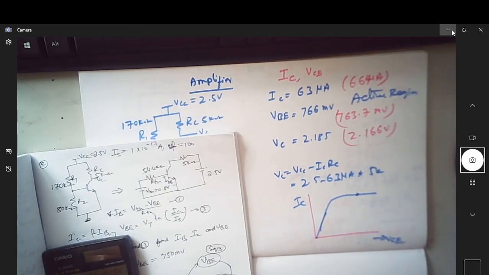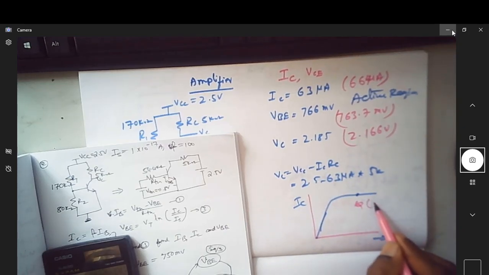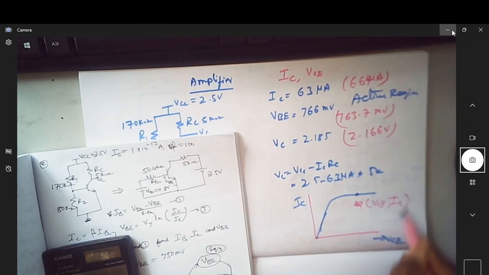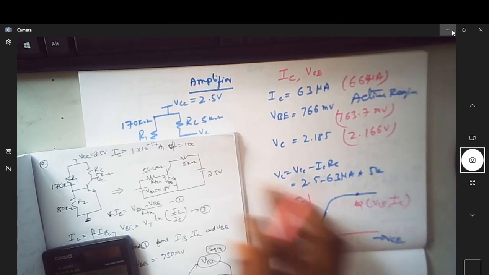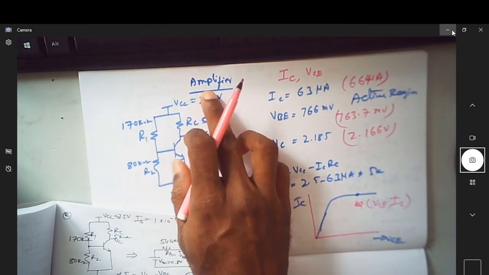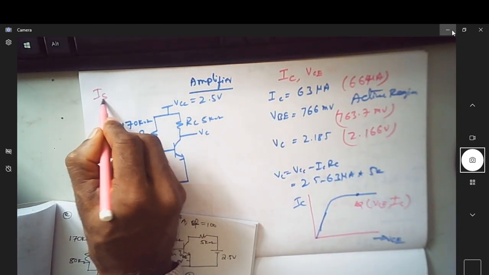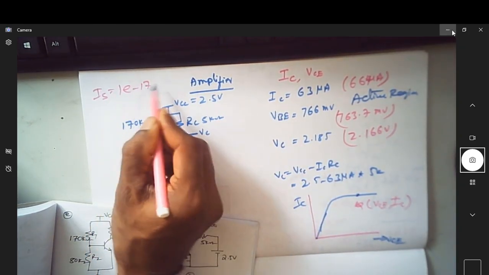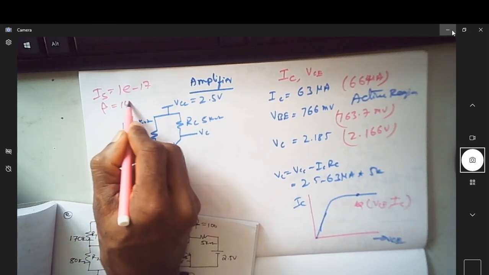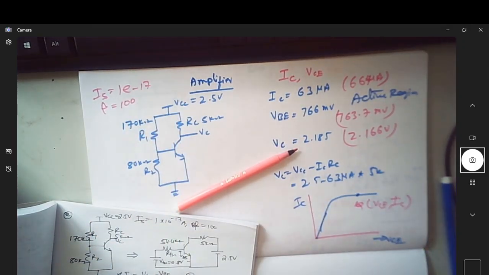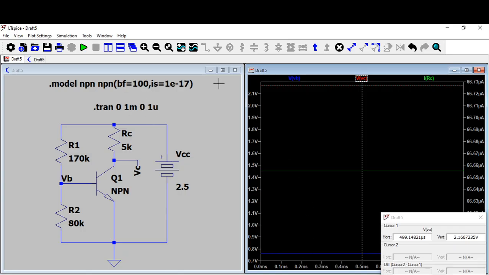This is your Q point. It is decided by these resistors, the power supply, and the transistor, with IS equal to 1e power minus 17 and beta equal to 100, as in the simulation.